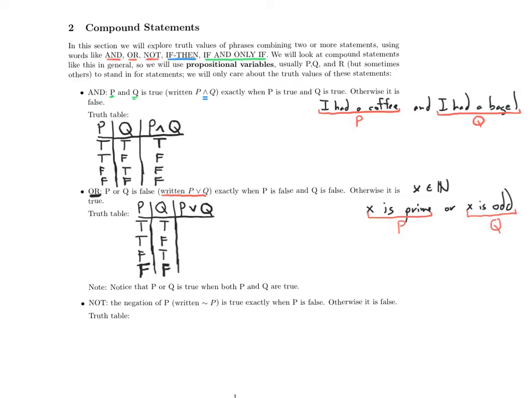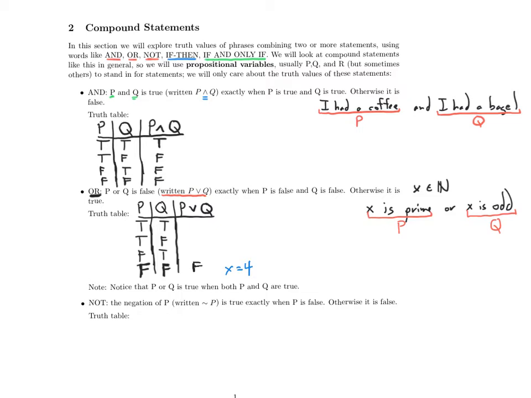So something like x equals 4. That's neither prime nor odd. So if I say x is prime or x is odd when x is 4, that's false. 4 isn't prime, 4 isn't odd. So P or Q is false.